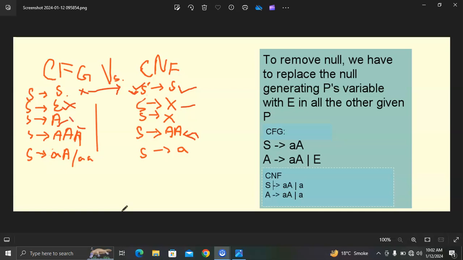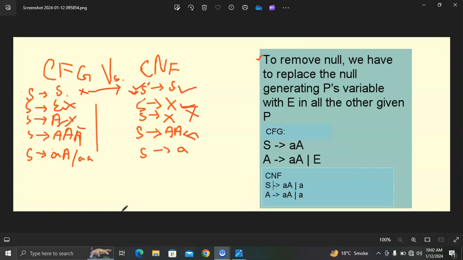If we do not have a single production at the right hand side of a production rule, then we will again ignore this step. But here we are going to take the null production example. So to remove null, we have to replace the null generating production rule's variable with epsilon in all the other given production rules.